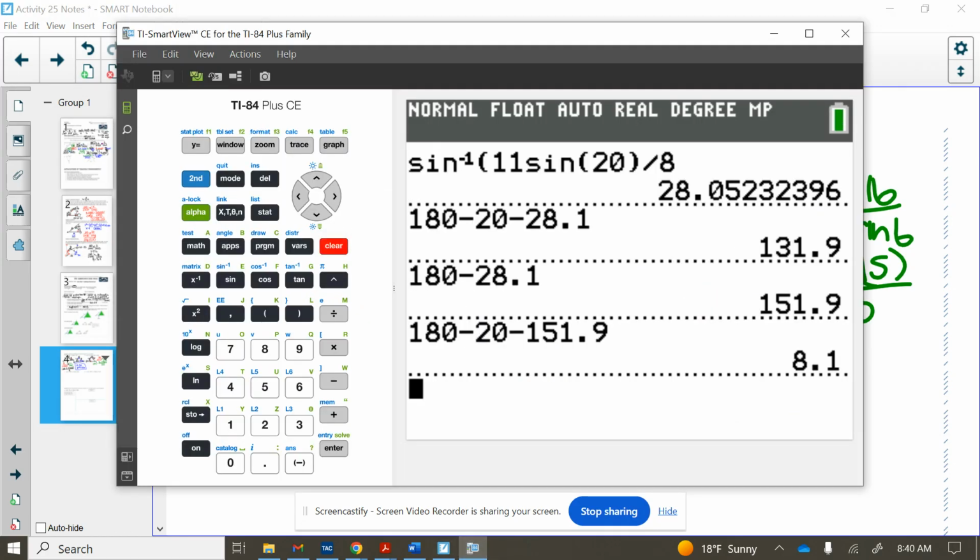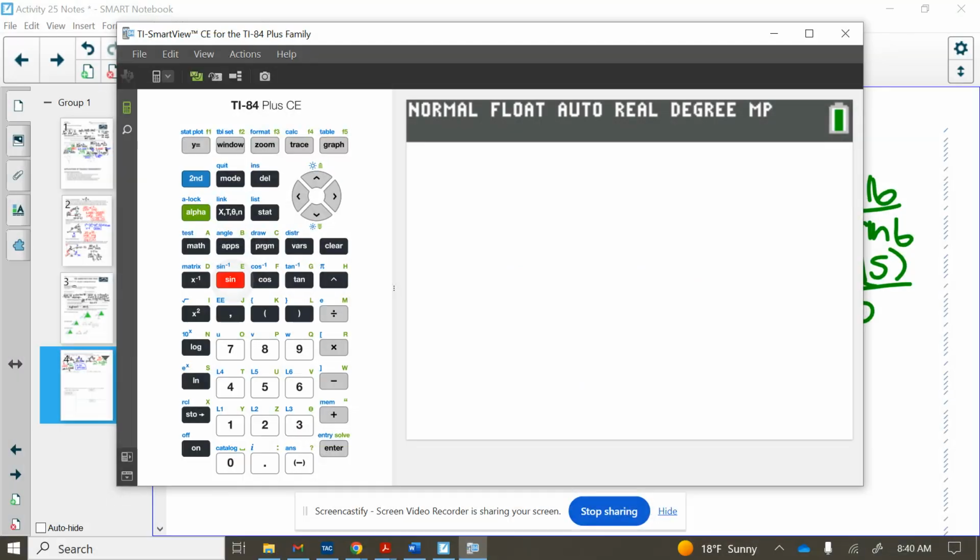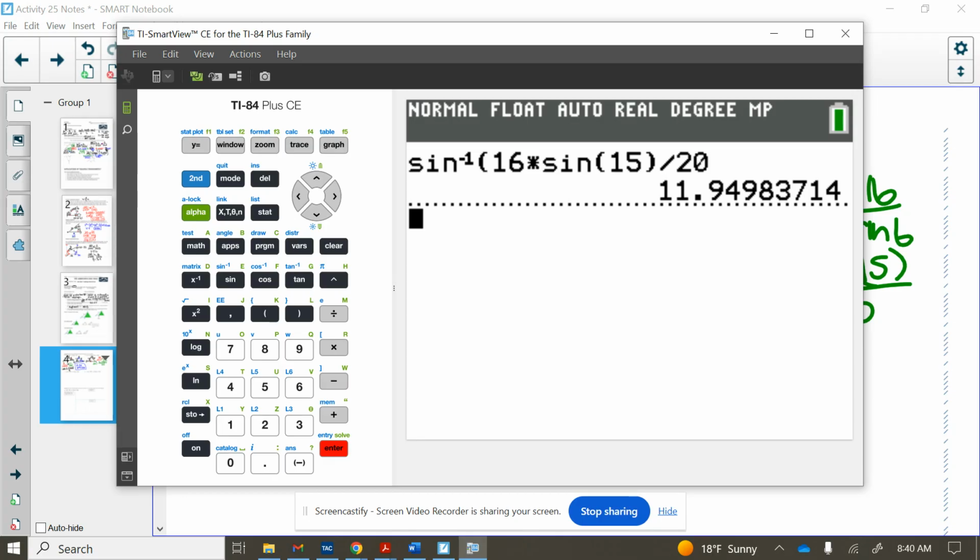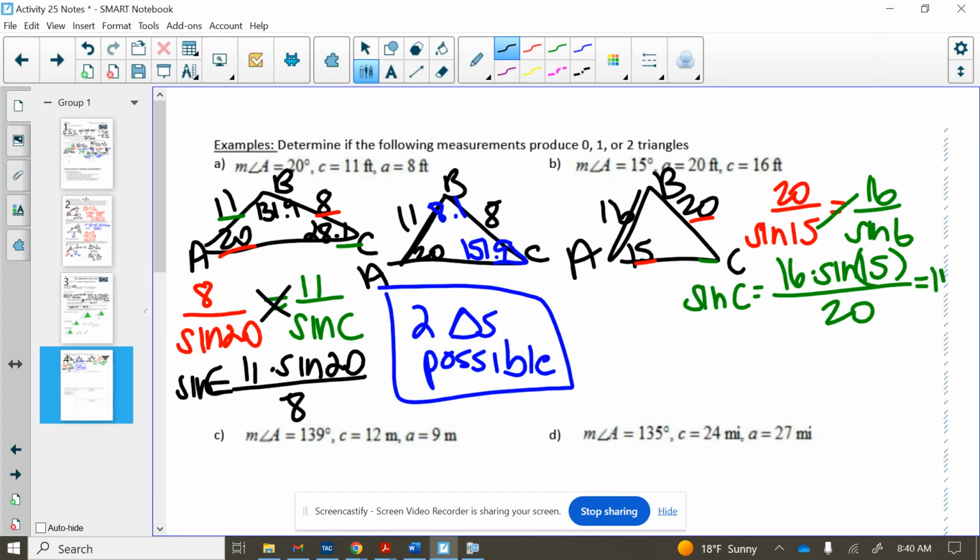To get that angle, we are going to take sine inverse in order to calculate that. So 16 times the sine of 15 degrees, all divided by 20, we get about 11.9 degrees here.